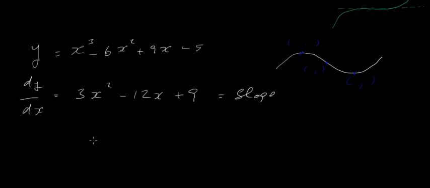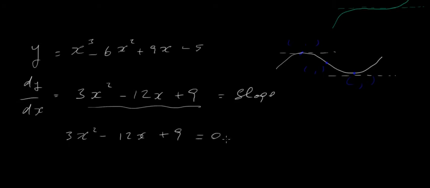Okay, so I want this tangent here, and I want this tangent here. So I know that the slopes are 0 here. So I'm going to let this equal 0. 3x squared minus 12x plus 9 equal to 0. My slope is equal to 0. What x values will give me a slope of 0?